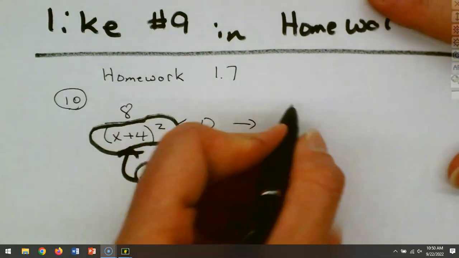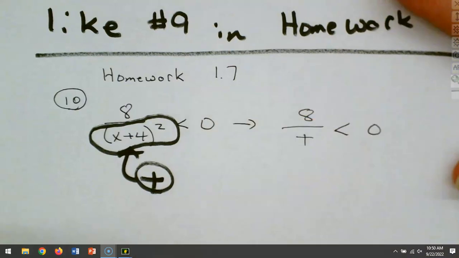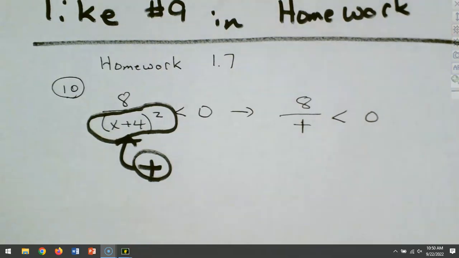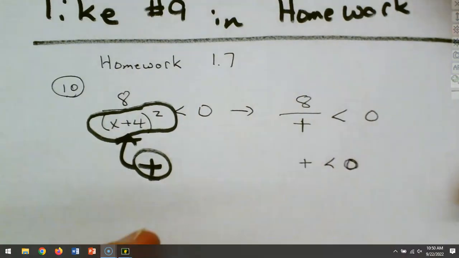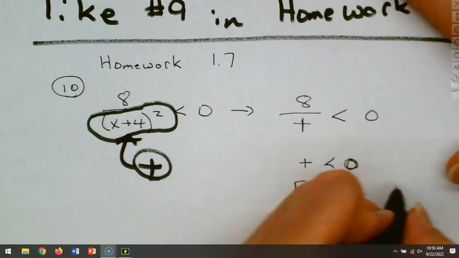True or false? If we look at it as a positive number, 8 divided by a positive number stays positive, right? So 8 divided by a positive number is positive. And are our positive numbers going to be less than 0? No. So this one would be false, right?